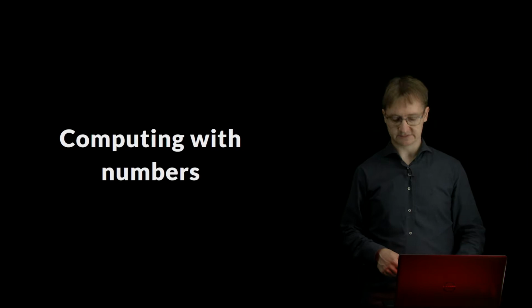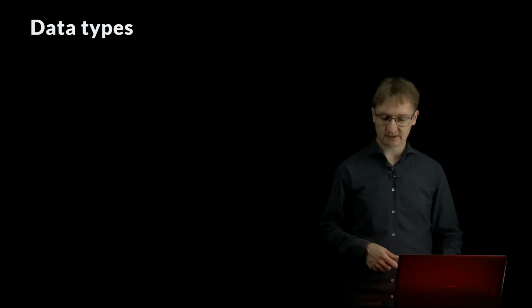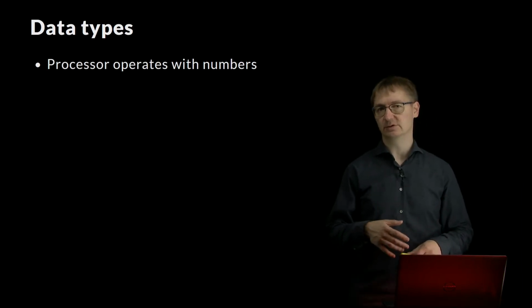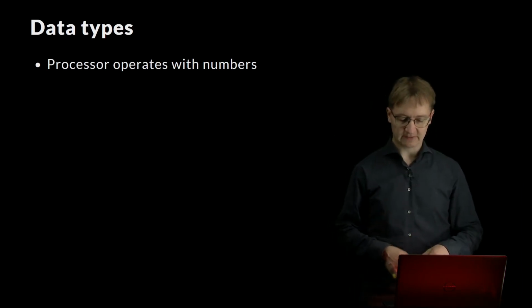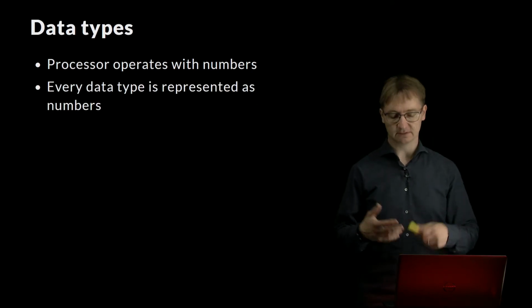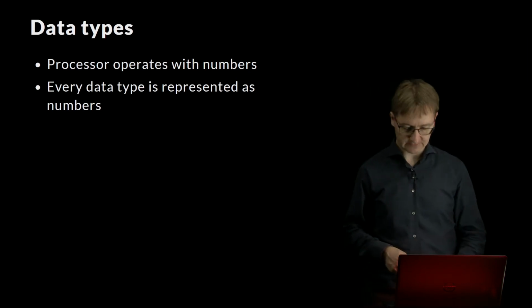We will talk about how to compute with numbers. In a computer we have different data types, but the processor itself actually uses only numbers. Every data type is actually represented as a number in a programming language or for the processor.